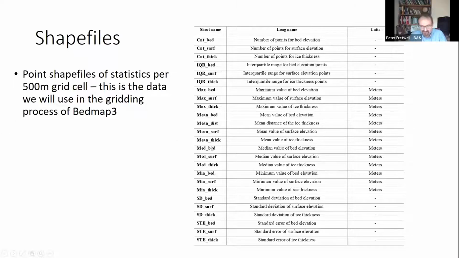You would get all the statistics from a particular campaign of that 500-meter grid cell. So it's not all of the data, it's just from that particular campaign. And it gives you all of this data here. And that means that we can work out lots and lots of different useful things about bed roughness and variance in the data from each different campaign, and also use that to look at crossover errors and things like that with those 500-meter grid cells.